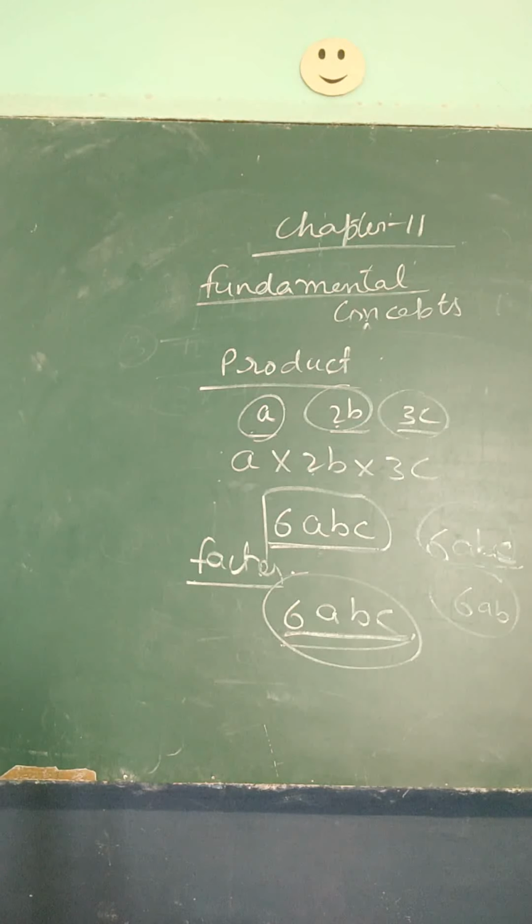Now, next is the degree of the monomial. What is the degree? The degree of a monomial is the exponent of its variable, or the sum of the exponents of its variables. Take one example, then it will be more clear.